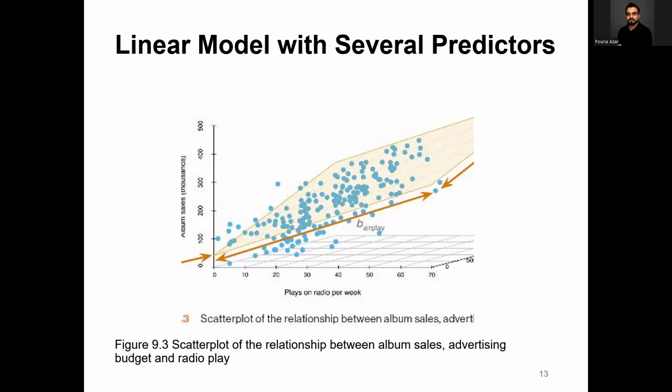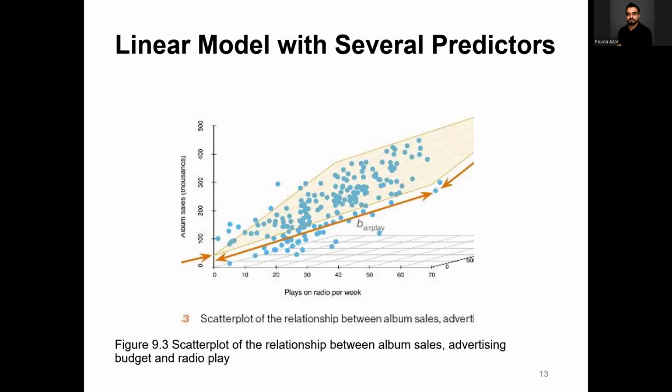So we need to make a scatter plot for predictor one and outcome, predictor two and outcome, and predictor three and outcome. But if we have only, let's say, two predictor variables and one outcome variable, then it will make a 3D scatter plot figure, which we see here.